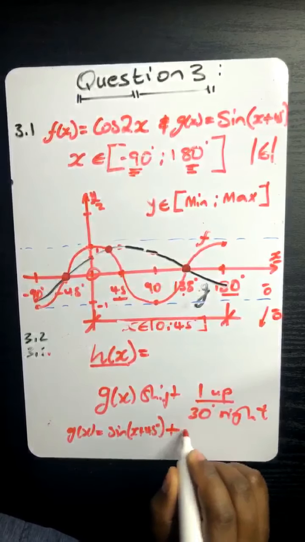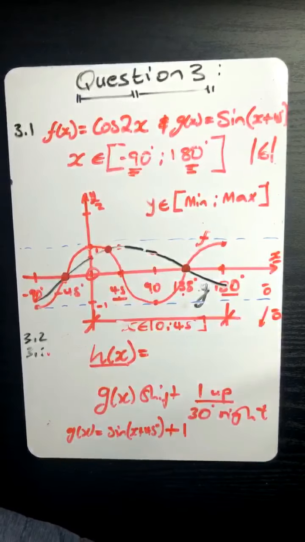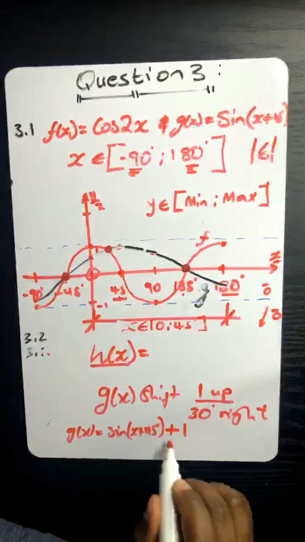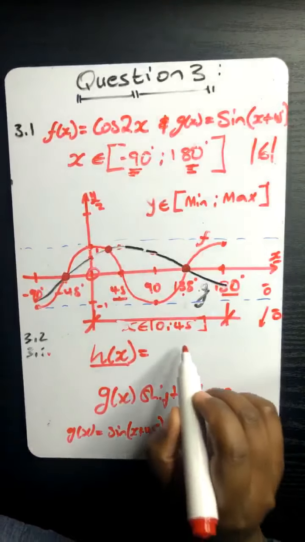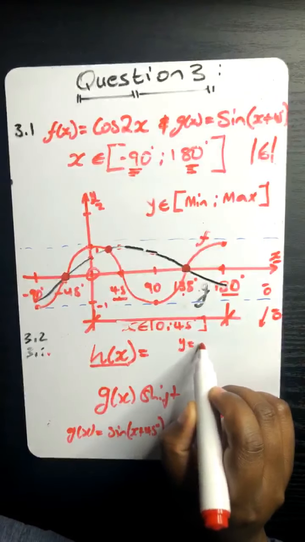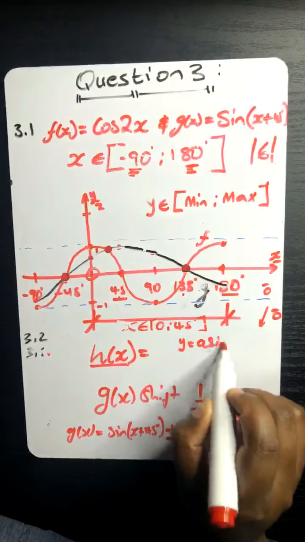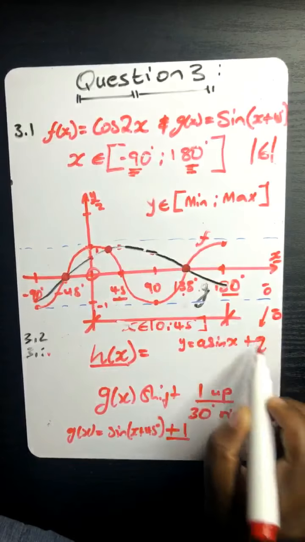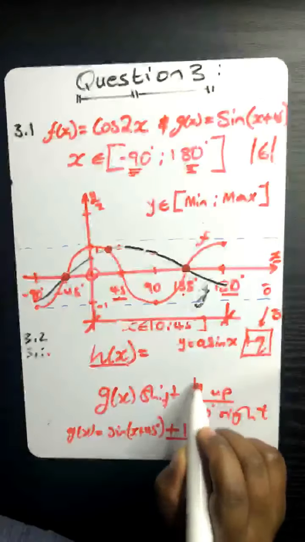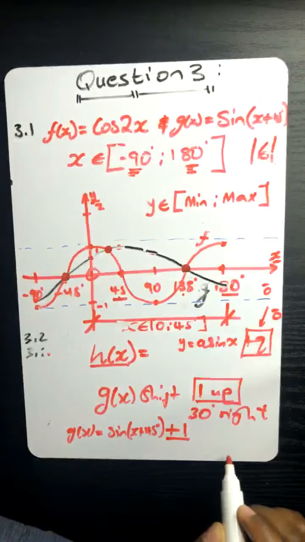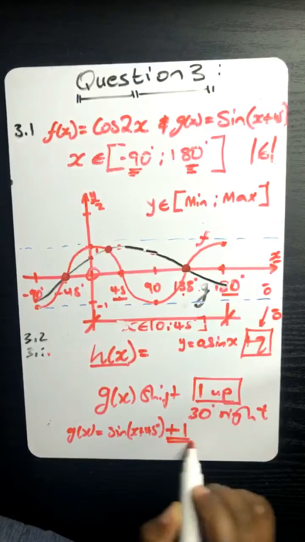Do we not just add 1 there, Makaizeni? Because we said this influences the vertical shift. Do you not remember the standard formula which says a sine of angle plus q? And this q is for the vertical shift. So we just add 1. Then we know we have shifted it upward.